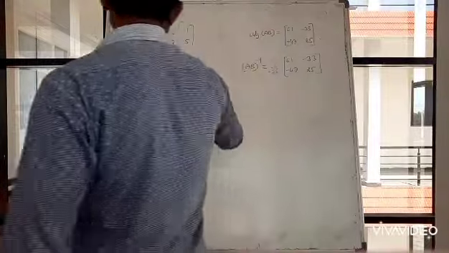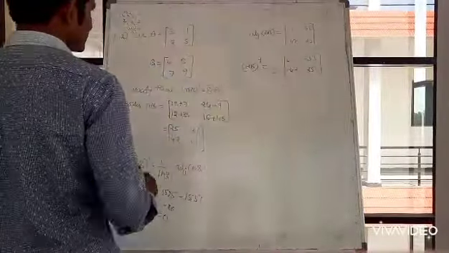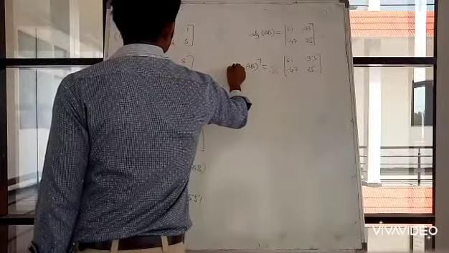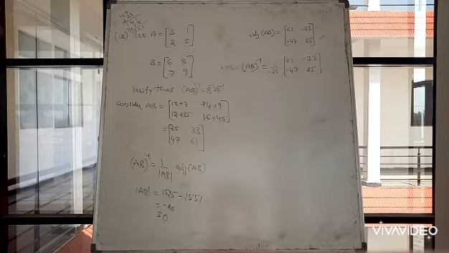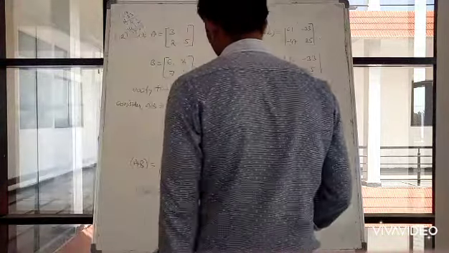The next is B inverse and A inverse, RHS. AB whole inverse is LHS. Then what is RHS? We require B inverse first.